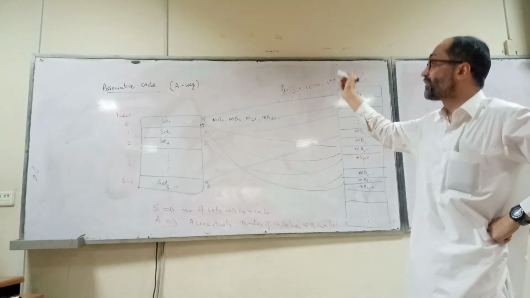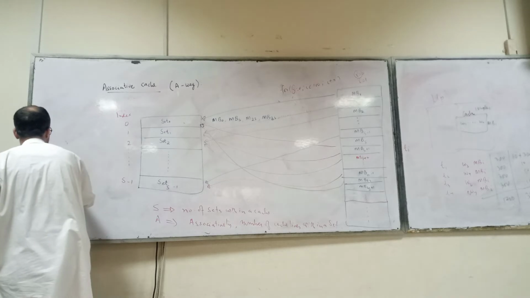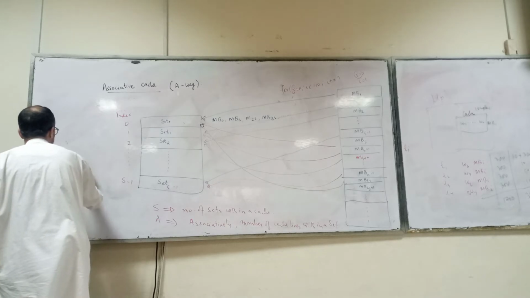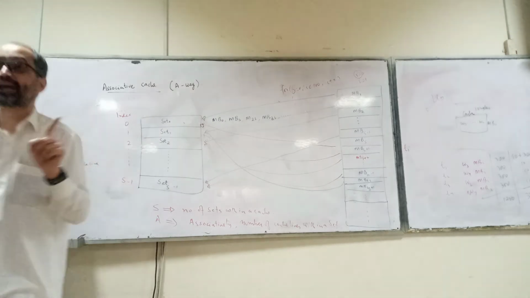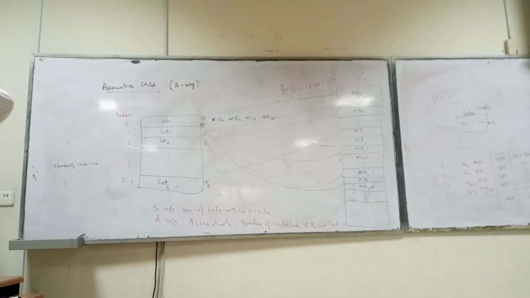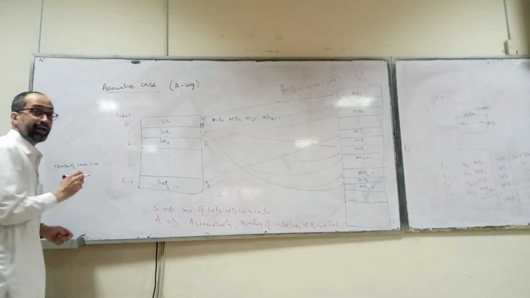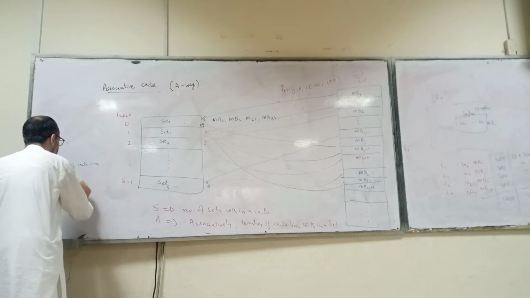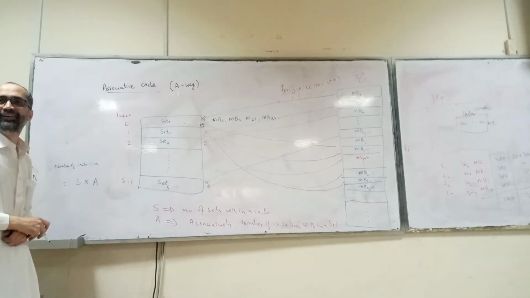Then the number of cache lines. How many cache lines are there in the cache? The size of the cache line is equal to the memory block size. How many cache lines are there in total?